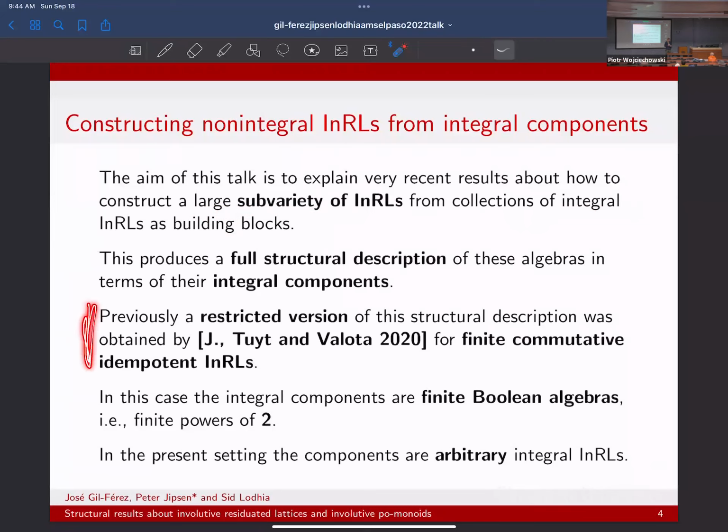And the interesting thing is that it generalizes some research from a couple of years ago with Olim Tuyt, who was a graduate student at the time, and Diego Valota, who was here as a postdoc and came to visit me for a month, and we figured out this structural description for the case where every element in the involutive residuated lattice is idempotent. So the restriction was very severe.